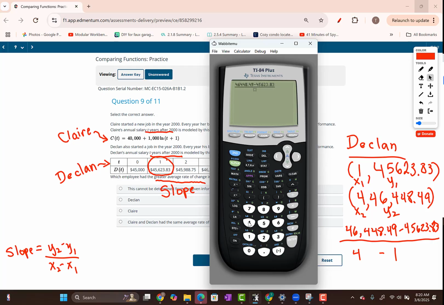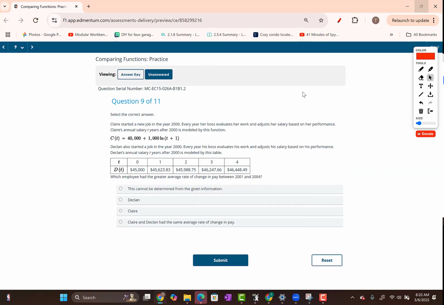On the bottom, it's 4 minus 1. So our rate of change is 274.89. I did not mean to delete everything, but let's just rewrite it. So Declan's number is 274.89.